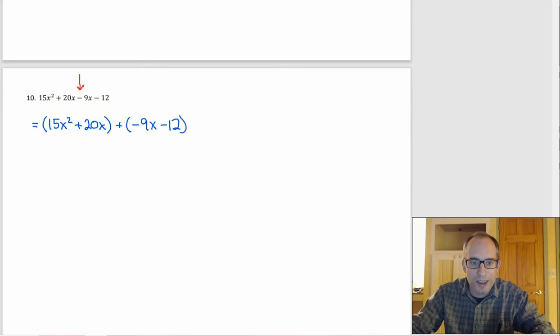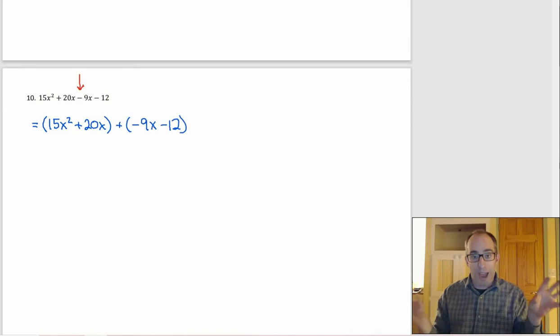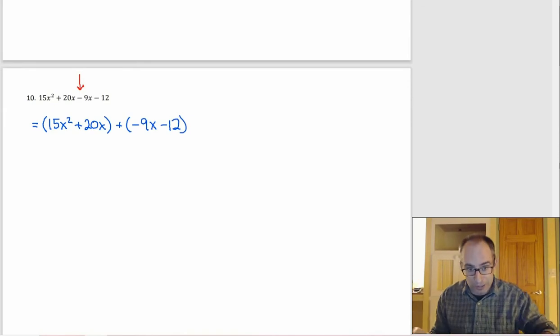So you bring that negative along with the 9. You could leave it with a negative in there, but then you have to remember to switch the sign on the 12, and that's a hard thing to remember. So it's easier just to say the negative goes with the 9, and you have to have a plus in between the groups. If you just think that you have to have a plus in between the groups, maybe that's the best way to look at this.